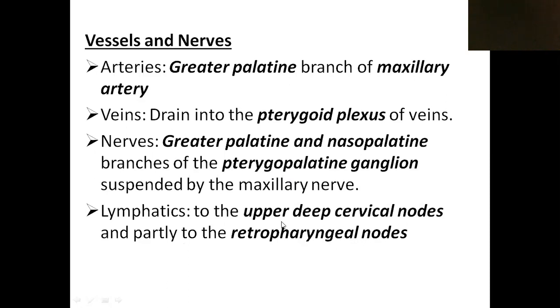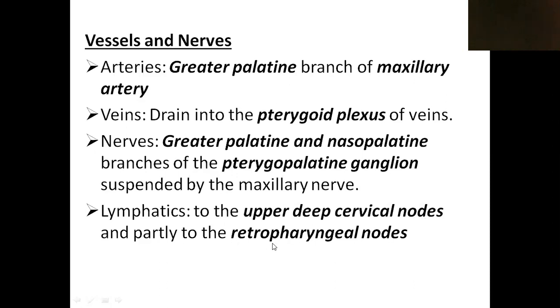Upper deep cervical means those nodes are seen in the cervical region. Those nodes are known as cervical lymph nodes. And deep means they lie near the trachea and the esophagus, deep compared with the other lymph nodes. So it drains into the deep cervical lymph nodes.